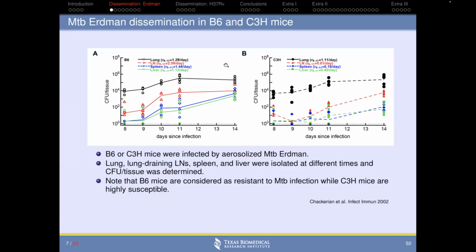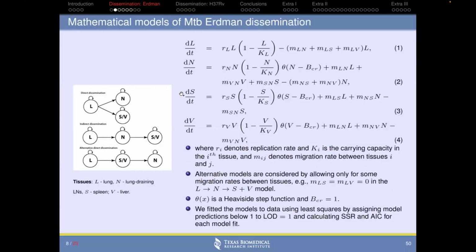So we wanted to ask a question: if this is the data, let's see if we can develop a model that would describe dissemination kinetics of bacteria between the tissues, but we will try to formulate alternative models. One would model direct dissemination of the bacteria, where bacteria replicate in the lung and then disseminate directly to the lymph nodes or spleen and liver.